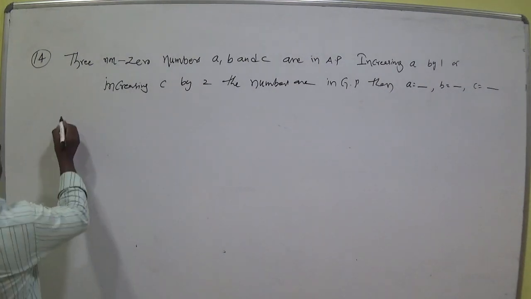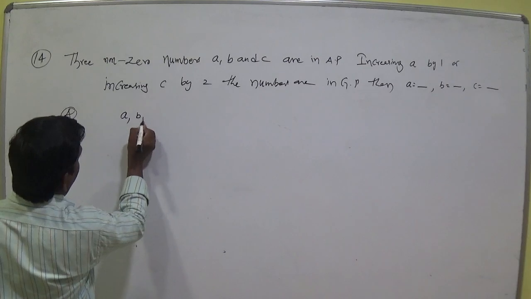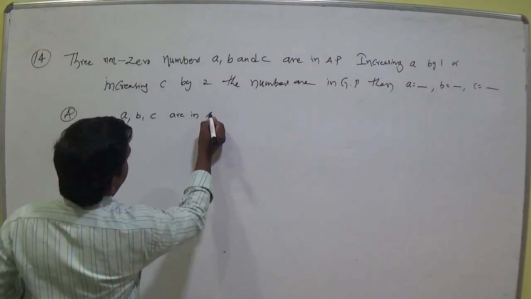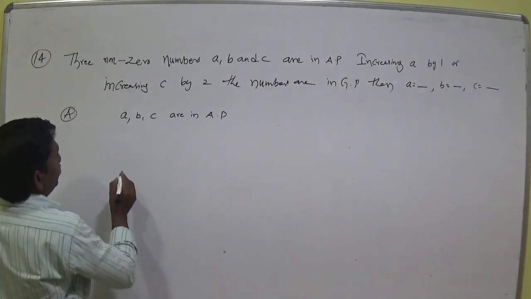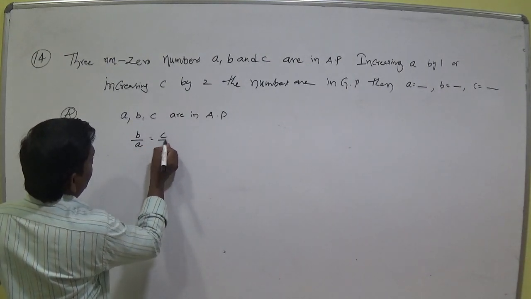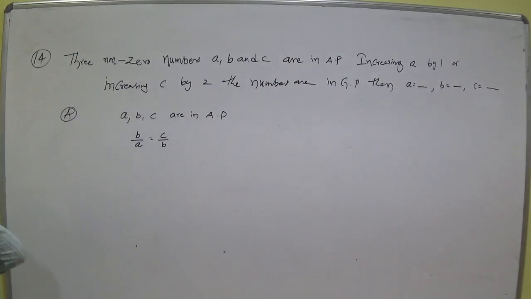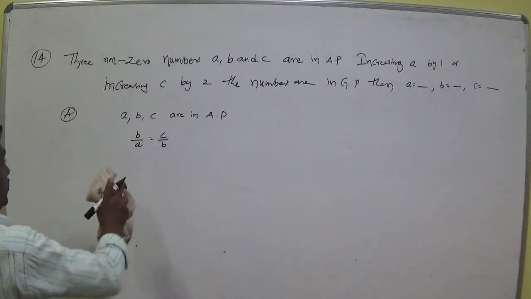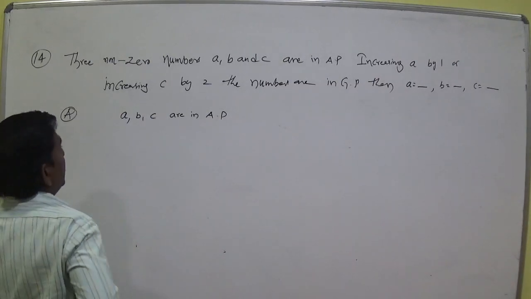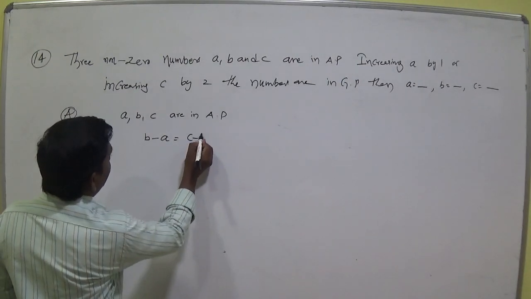It was given that a, b, c are in AP, so b minus a equal to c minus b.